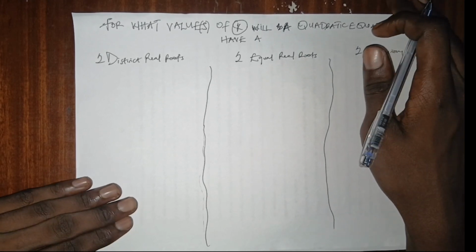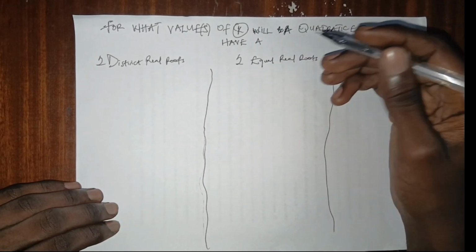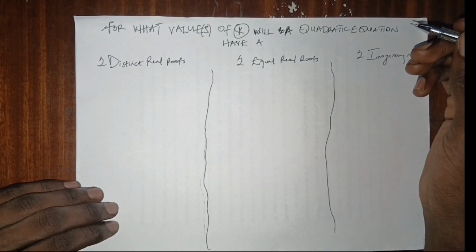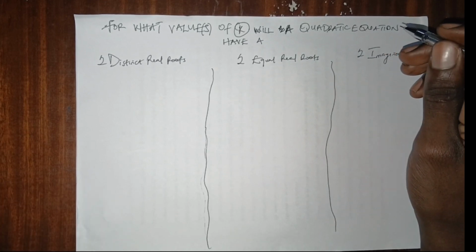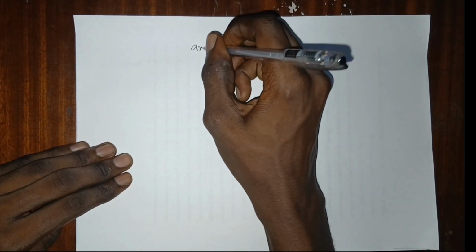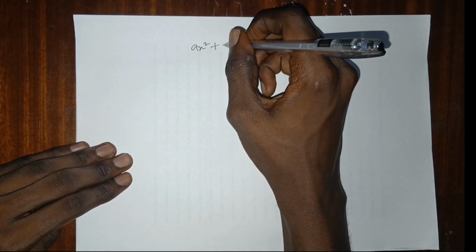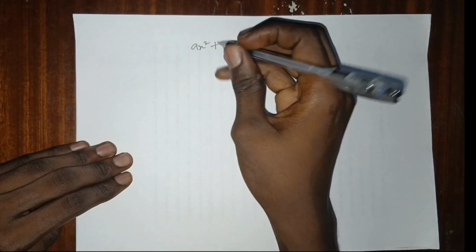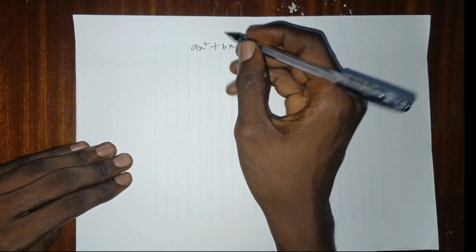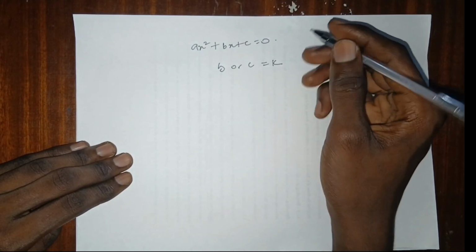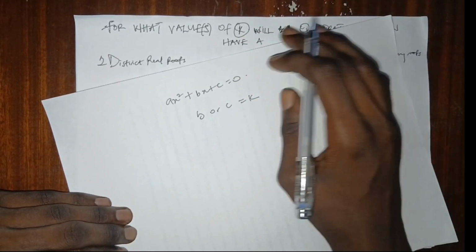Now, when you have a value of k, for example, an equation like this, whereby you have ax squared, this is the normal quadratic equation, whereby you are now given an unknown. Let's say either b or c is now our k. It's just k here representing our unknown.